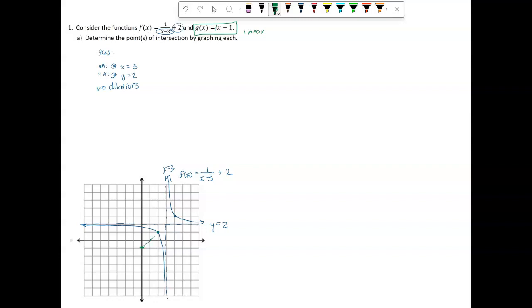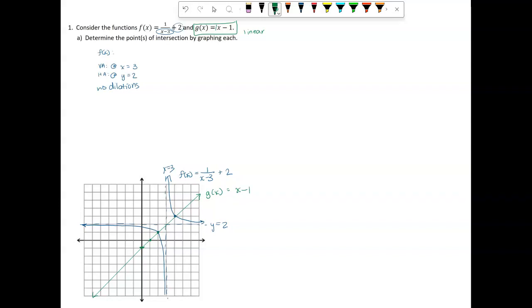So the graph looks something like this, and something like this down here. Okay, so there's my g of x equals x minus 1.